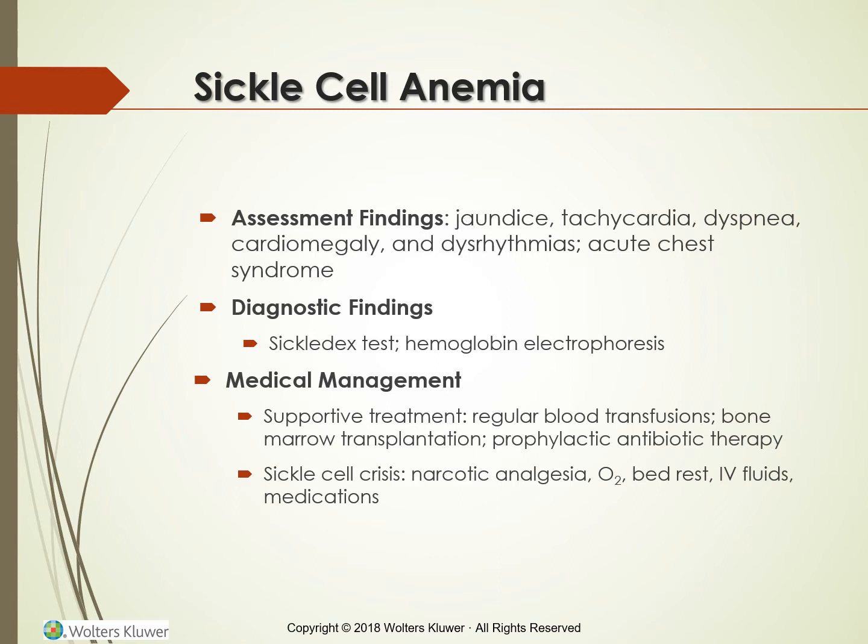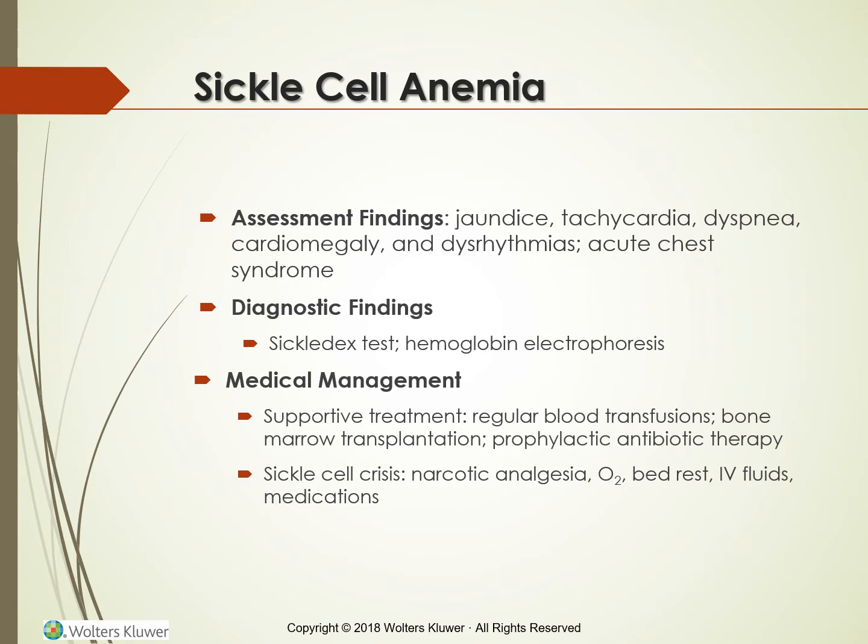Those clients who are not cured with bone marrow or stem cell transplantation are subject to potentially life-threatening infections. Continuous antibiotic therapy is prescribed for some. Every infection, no matter how minor, is treated promptly with antibiotics. Folic acid is prescribed to facilitate the replacement of hemolyzed erythrocytes.